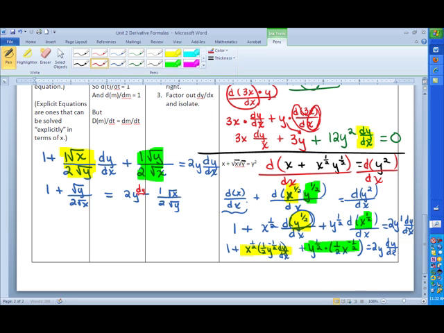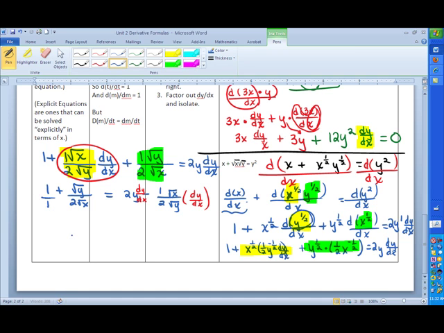Let me put my dy dx there and my dy dx there. So I pulled this guy and put it over on the other side. Because we got a lot of fractions going on, we're really going to need to get a common denominator.